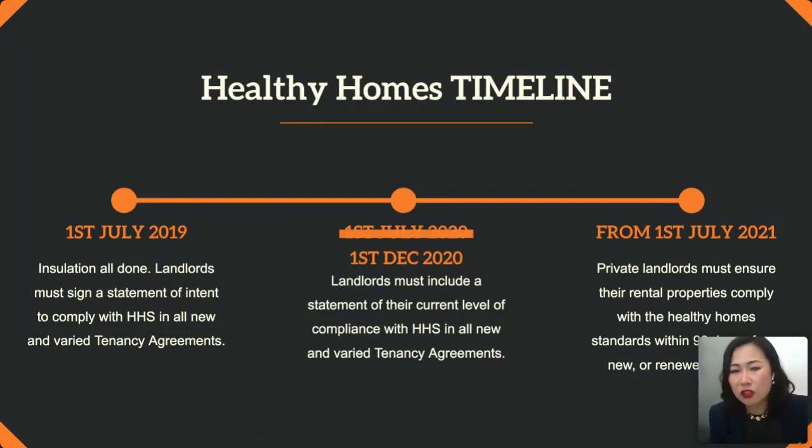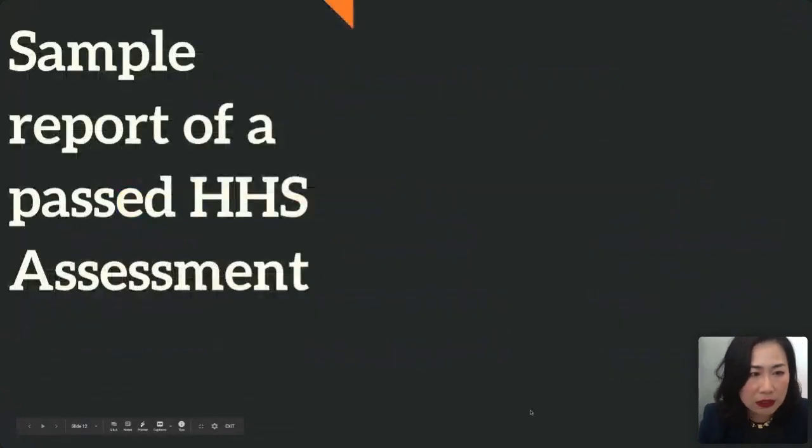And the recent news that we heard this morning is that the government is going to spend a lot of money into the tenancy services to ensure the compliance of healthy home standards. That includes human resources to do audits and to check on people and to make sure everybody does the right thing. Otherwise, there will be consequences.